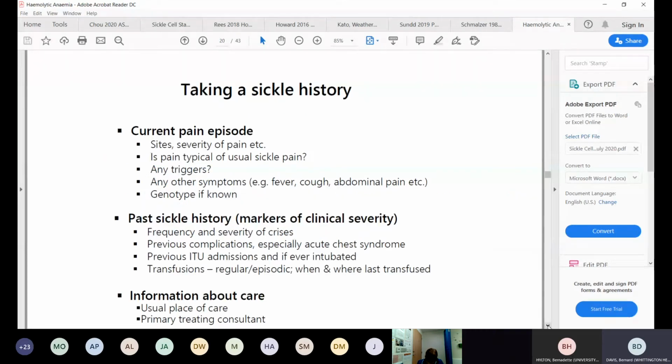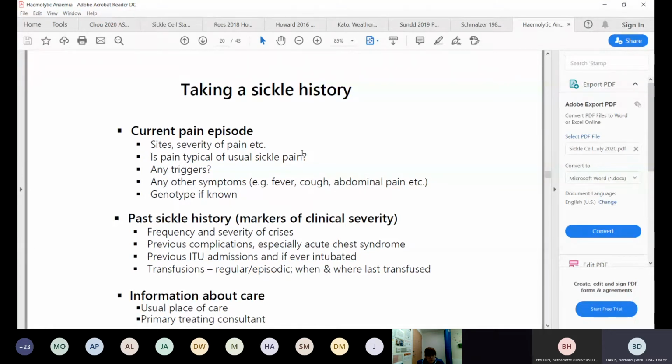So what is it that's important to know about sickle or about your interaction with a patient? Well, first of all, when you encounter a patient with sickle, you want to know a bit about their pain, where the pain is, how severe it is.